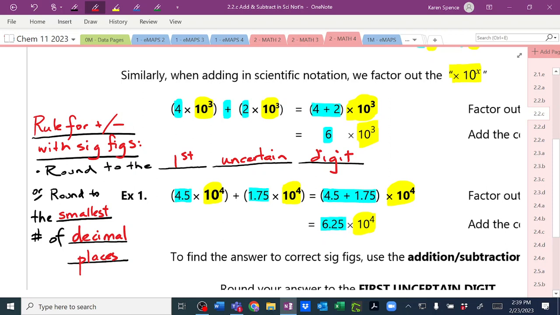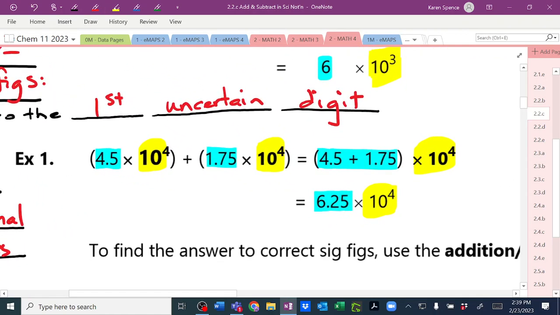Okay? So we now have 4.5 and 1.75, and if we are looking for the first uncertain digit, we need to identify who the uncertain digits are in our numbers. Who is the uncertain digit in 4.5? That would be the 5. Okay, so that's our uncertain digit, and that is in the 10ths position.